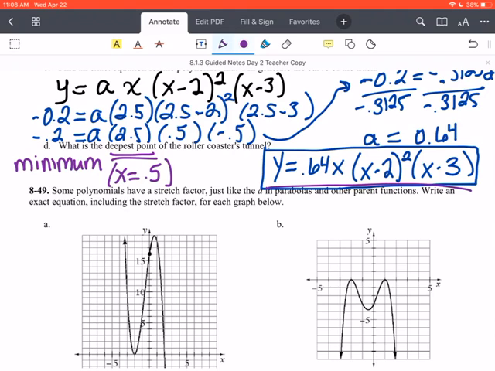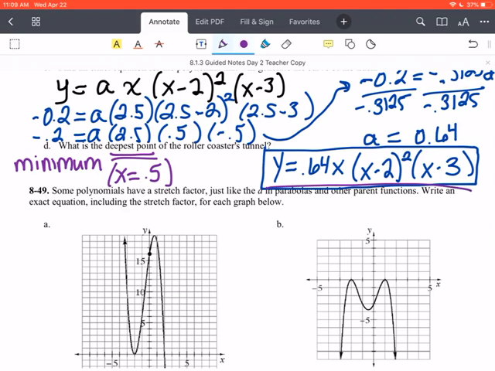Okay, so you can actually plug this all in one step if you do it correctly. And sorry, I hadn't done this beforehand. Shame on me. So 0.64 times 0.5 times 0.5 minus 2, close the parenthesis and square it. And then parenthesis 0.5 minus 3.